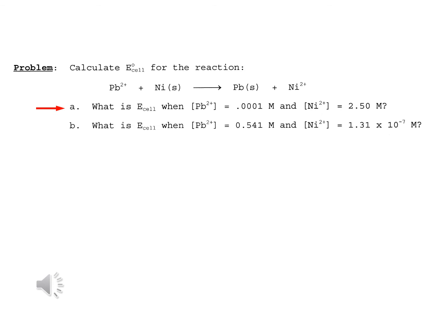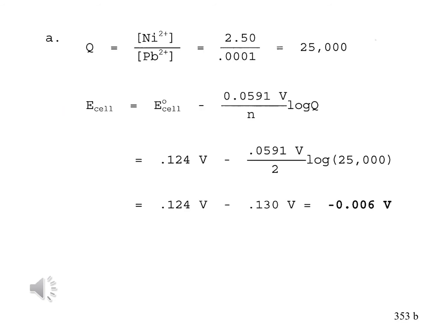Now we want to use the Nernst equation to calculate the new voltage when you change the lead and nickel 2+ concentrations. You don't have to worry about changing the concentrations of the solids because they don't go in the Q expression anyway. So first you calculate Q, which is products over reactants, nickel ion over lead ion, which is 25,000.